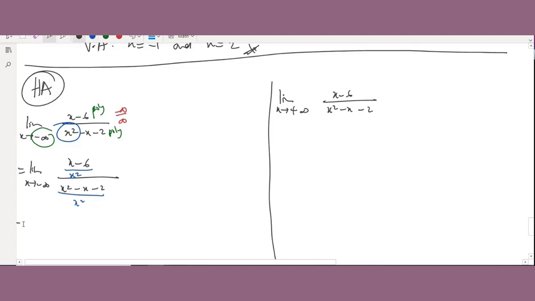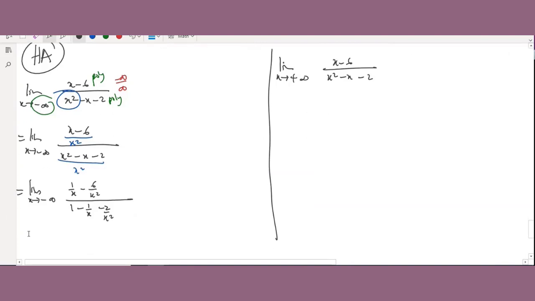Limit as x tends to negative infinity of 1 over x minus 6 over x squared, over 1 minus 1 over x minus 2 over x squared. Then substitute and simplify: 1 over infinity is 0, minus 0, over 1 minus 0 minus 0, is equal to 0. This one also: direct substitution gives infinity over infinity, an indeterminate form.